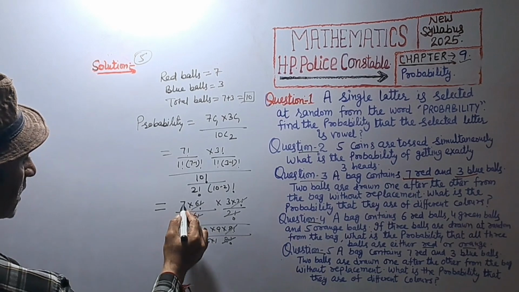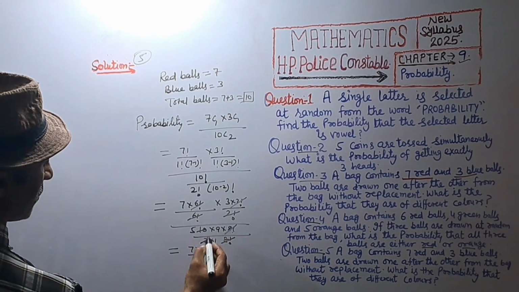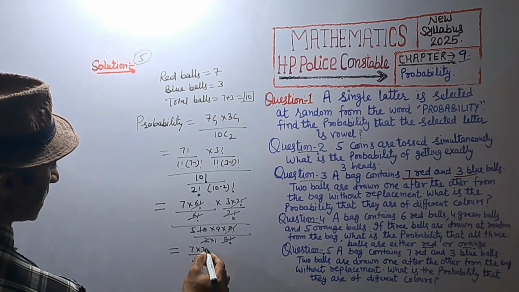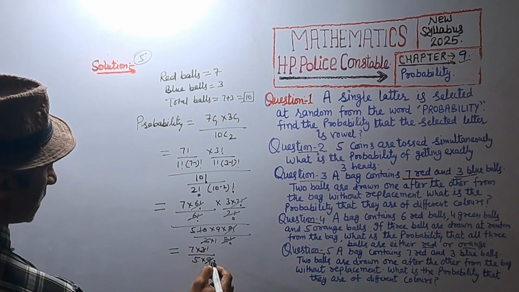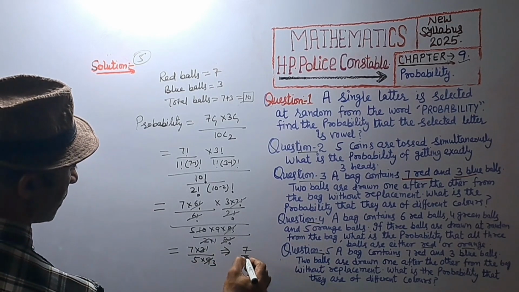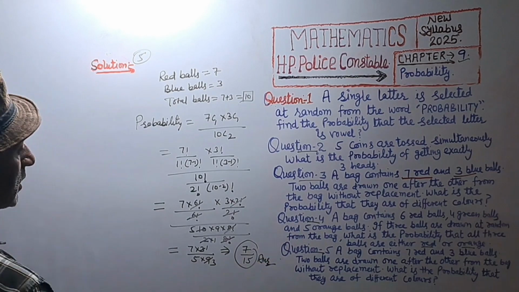So we get 7 into 3 divided by 5 into 9. That is 3 1s are 3, 3 3s are 9. And we get 7 upon 15, answer.